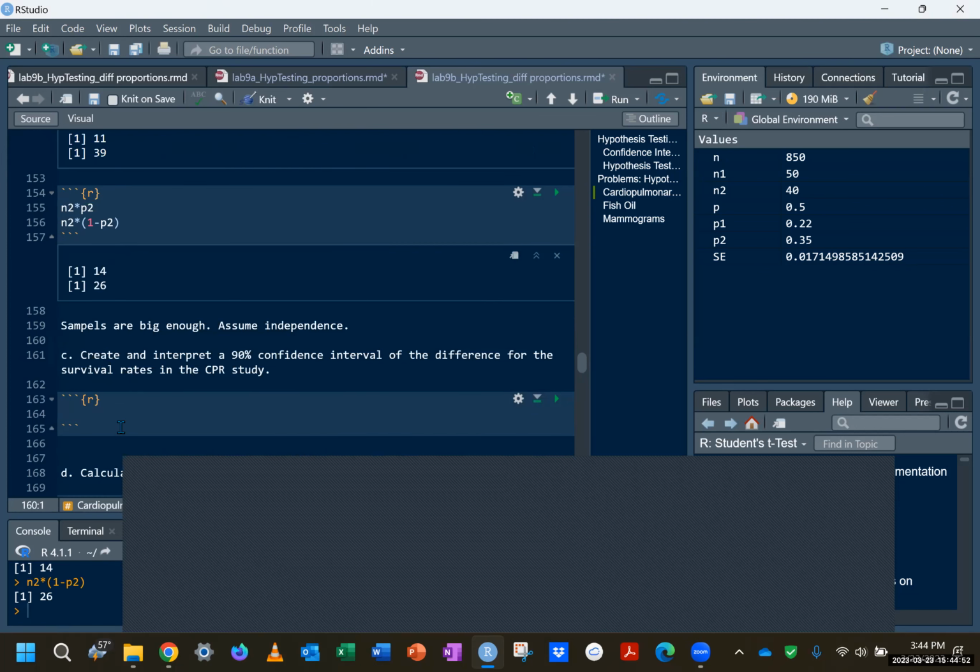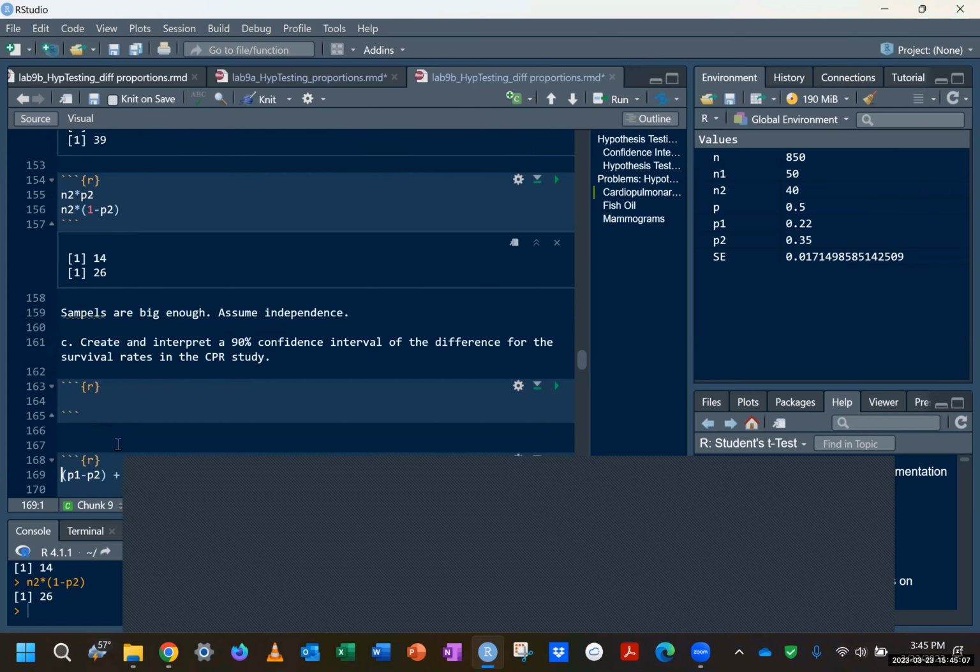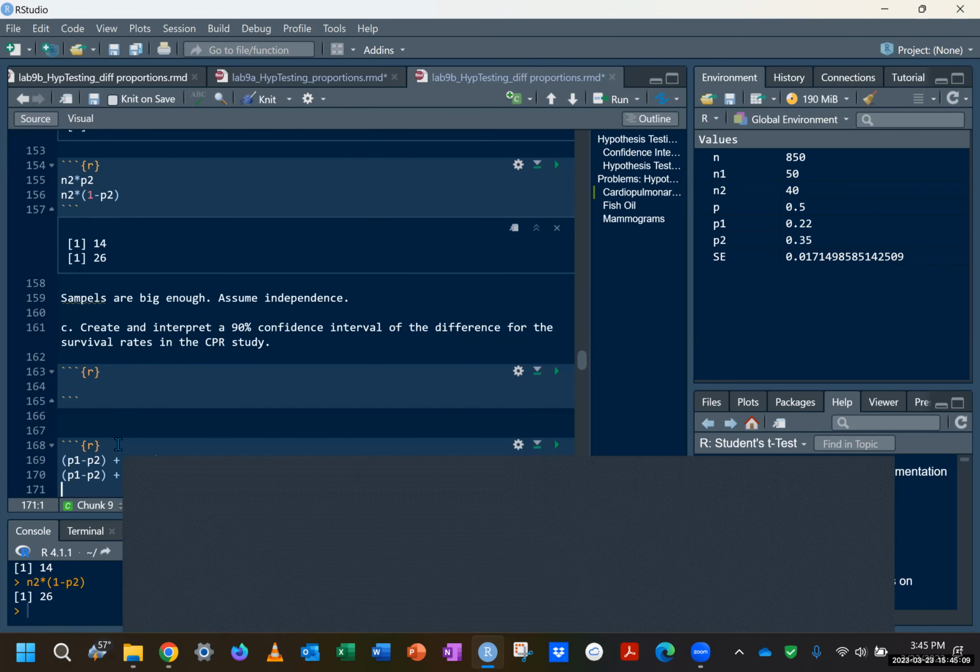So now to create our confidence interval, the formula for a confidence interval is P1 minus P2. That's the thing we're trying to estimate, the difference, plus 1.96 times SE, and the same thing minus. So we got to find our SE. What's the formula for SE?